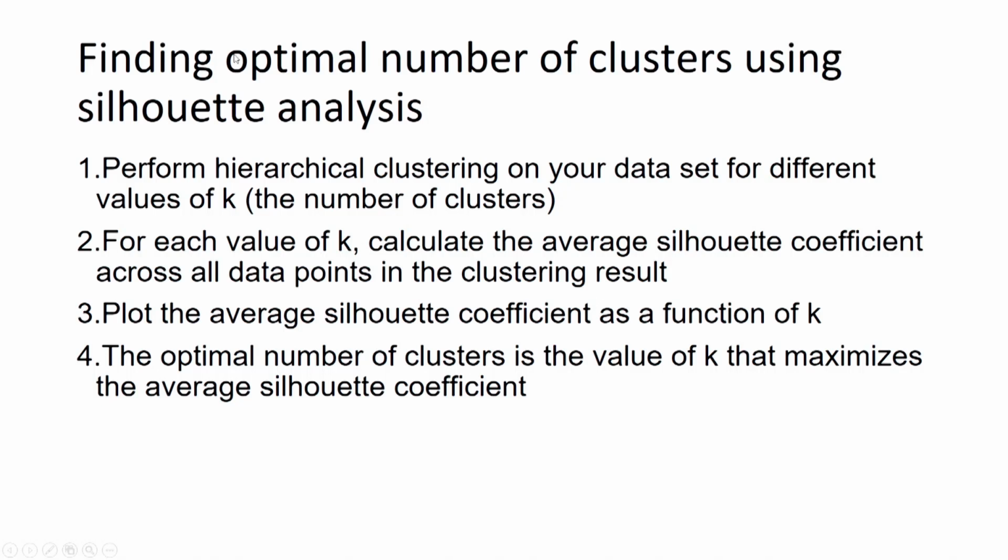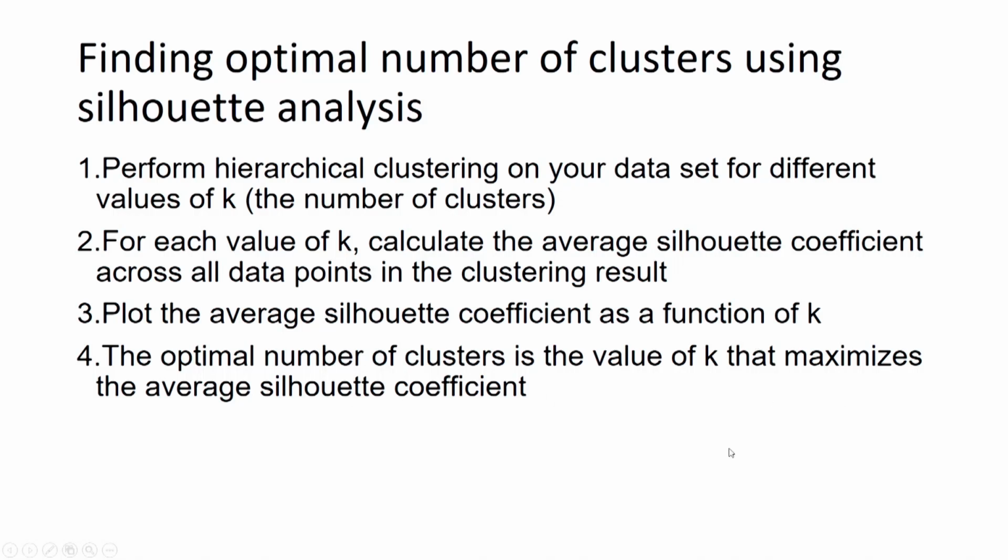So, finding the optimal number of clusters using Silhouette analysis. Here what we can do, we will perform hierarchical clustering on the data set for different values of k, and then for each value of k we will calculate the average Silhouette coefficient across all data points in the clustering result, and then we will plot the average Silhouette coefficient as a function of k.